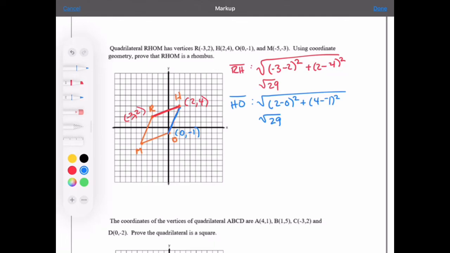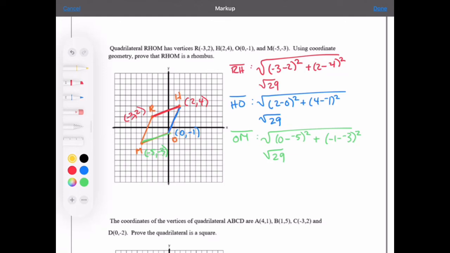Let's look at OM now. M is at (-5, -3), by the way. So, OM, and we get the square root of (0 minus -5) squared. If you want to write 0 plus 5, it means the same thing, doesn't matter. Plus (-1 minus -3) squared, and we get the square root of 29.